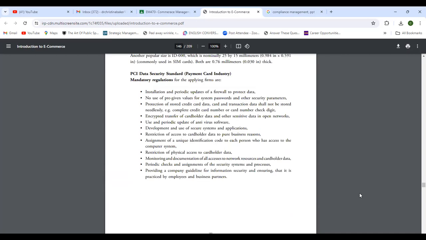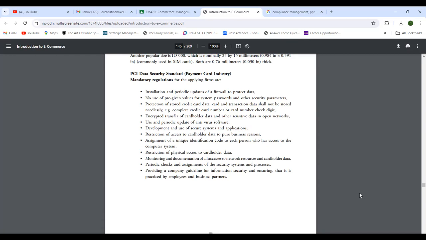PCI data security standard, payment card industry, mandatory regulations: installation and periodic updates for firewall to protect data, no use of pre-given values for the system passwords and other security parameters, protection of stored credit card data, card and transaction data shall be stored unless the complete credit card number and card number check.